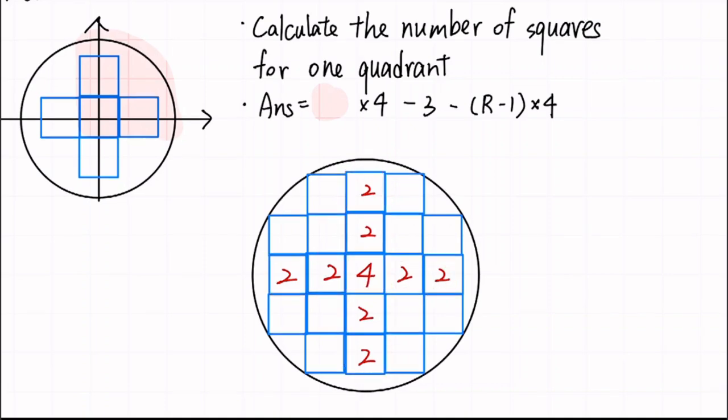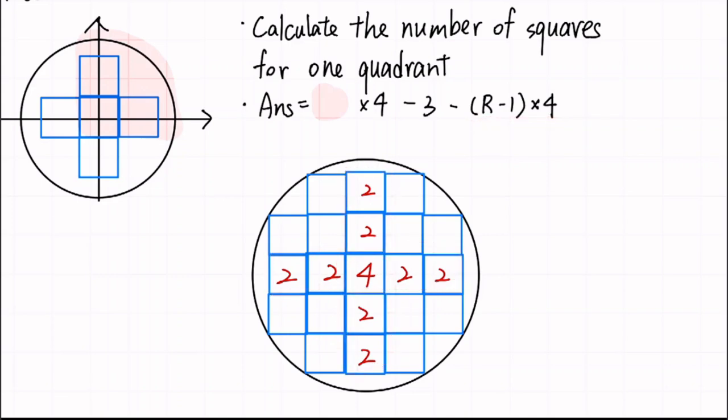So we need to subtract 3 times from the origin, which is why we subtract 3 in the answer. And we need to subtract the overcounted values from the y and x axes, since the number of squares on one axis in this section is always r minus 1. So we need to subtract r minus 1 times 4, which will be the overcounted regions here.